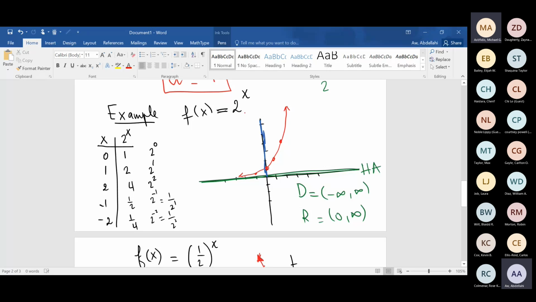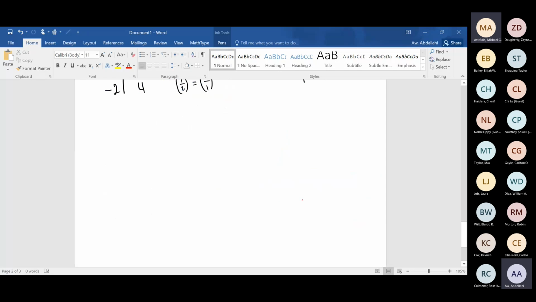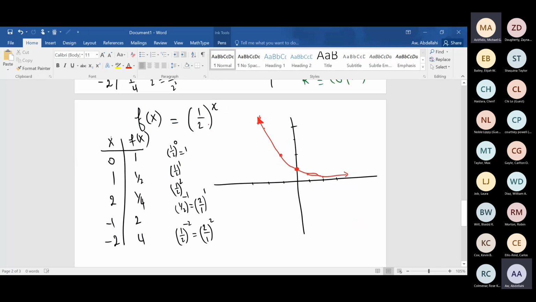If the base is less than 1, a fraction between 0 and 1, like 0.5, 0.6, 0.7, 0.2, the graph will be decreasing.